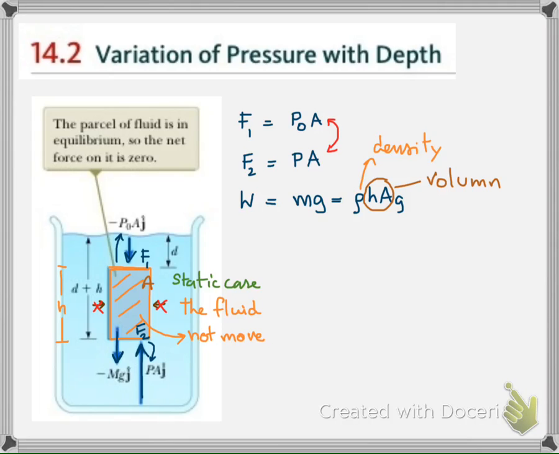So rho times the volume is the mass. So we have this equation. This rho hA is the mass of the object.